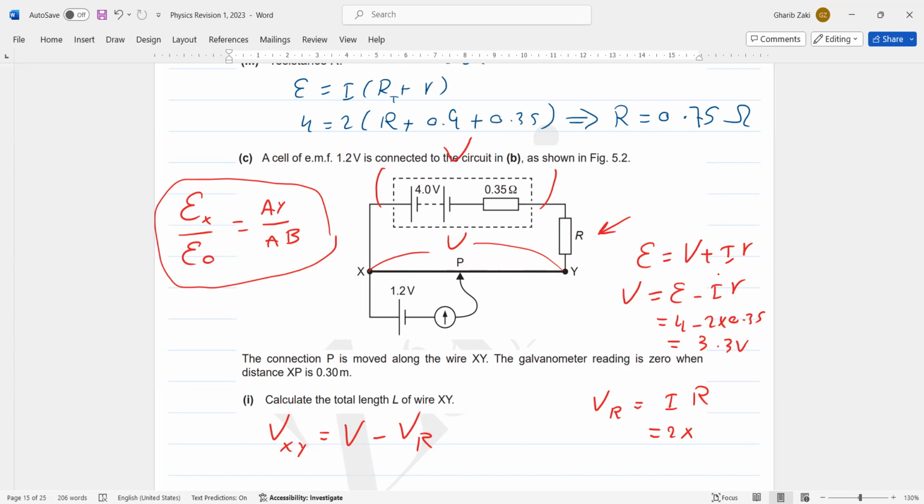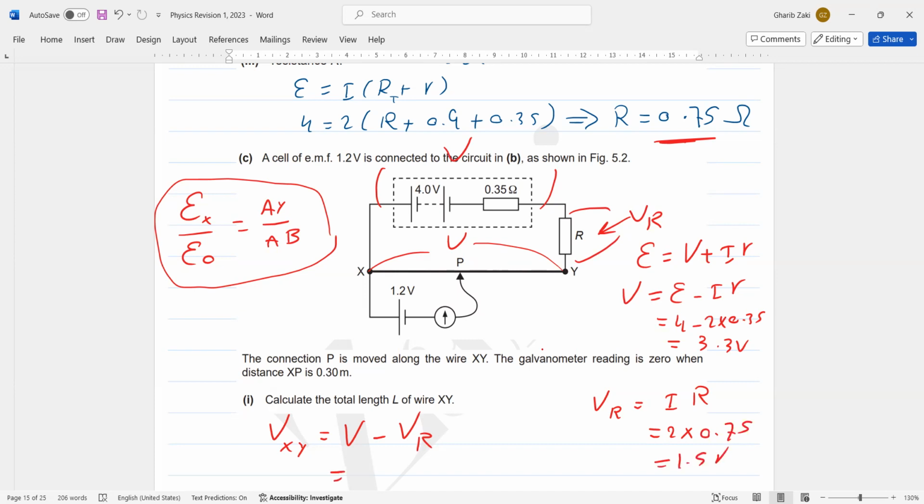Now, V across this resistance here. R we already got before. So VR equals I, the current is 2, and the resistor 0.75. So the answer is 1.5 volt.